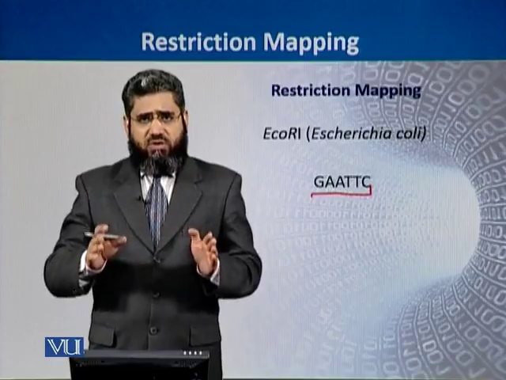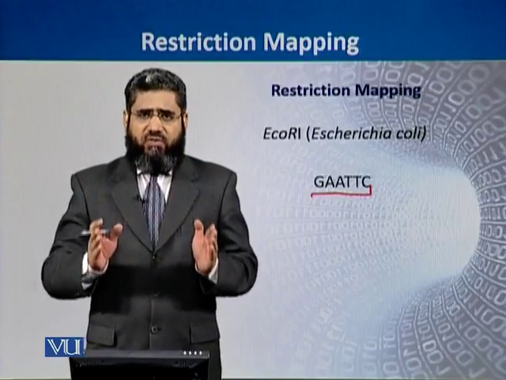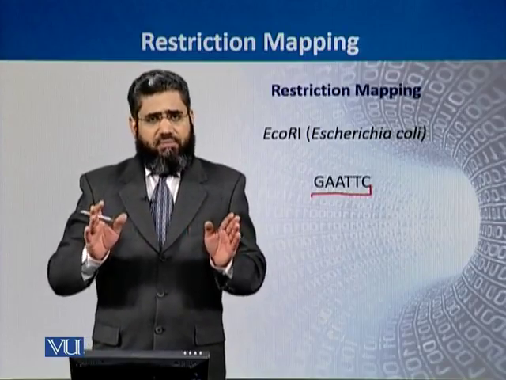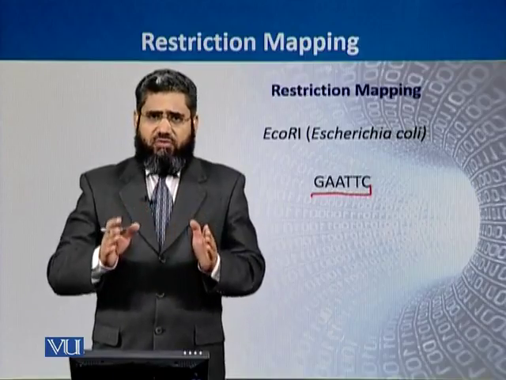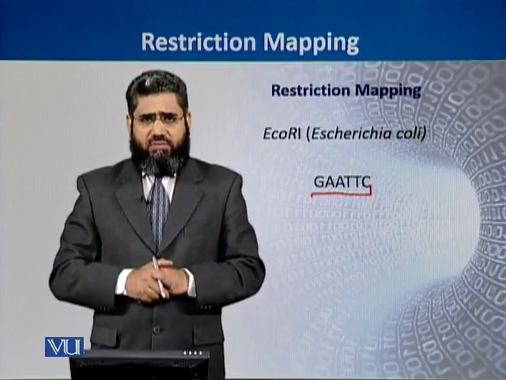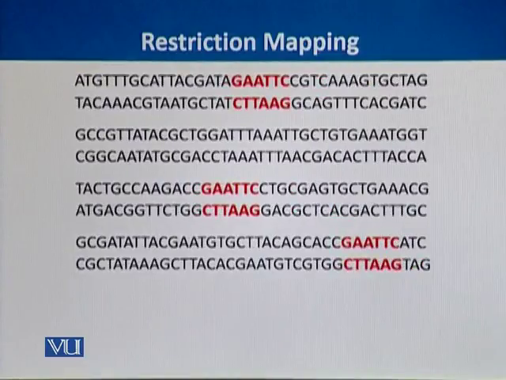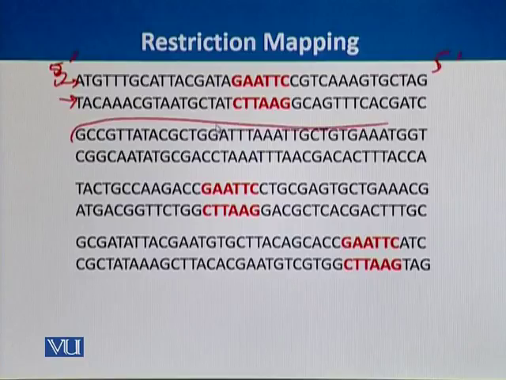So there are thousands of sites of every restriction enzyme in any genome, either from bacteria or from other organisms. For example, here we can see the double-stranded DNA starting from 3' to 5', but this is a continuation because there is a limitation, we cannot write further on the right side.